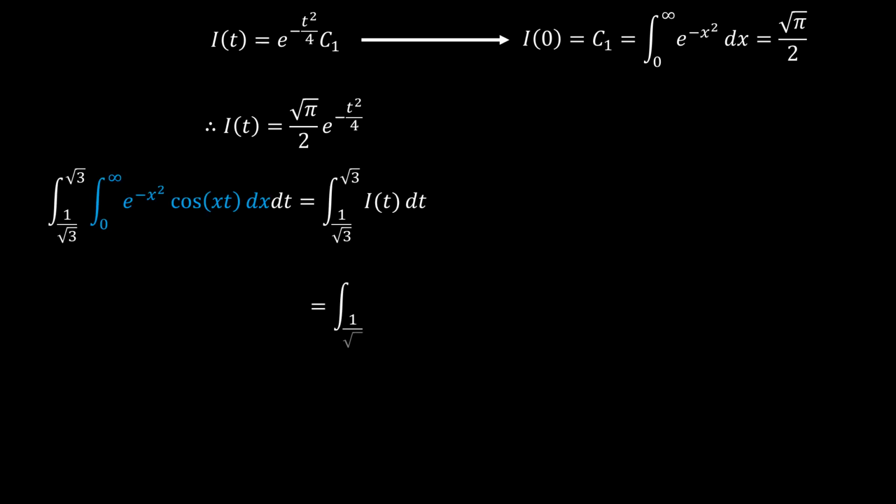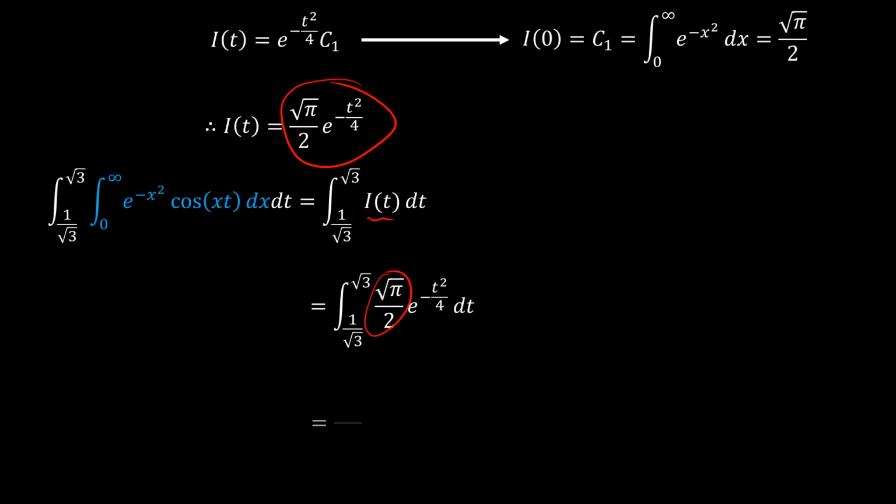So our problem initially is this, which is the integral of it from t equals 1 over root 3 to root 3. And so we can plug in place of it whatever we have here, which is root pi over 2 times e to the power negative t squared over 4.